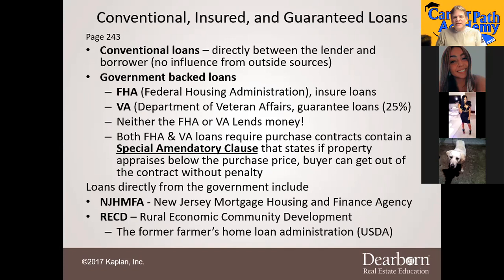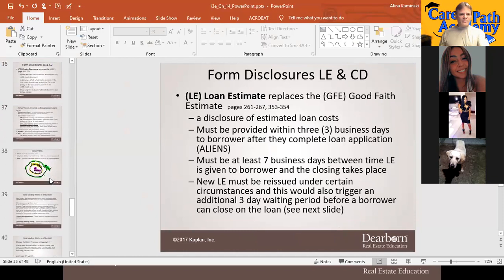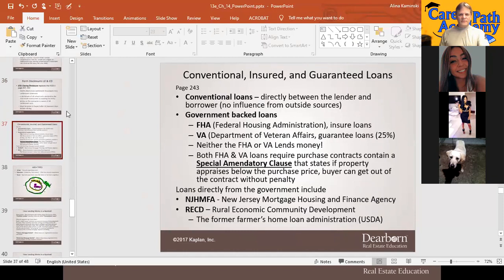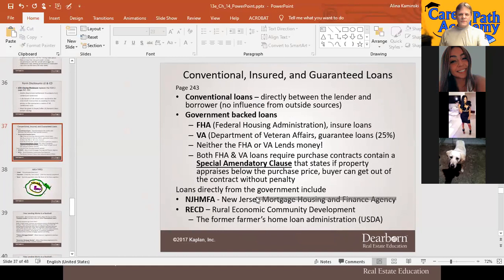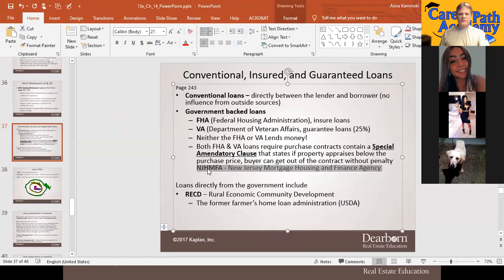Well, not the NJHMFA anyway. That's a government-backed loan. You know what? I should move that in the slide to be more accurately representing. NJHMFA actually falls into this category up here.